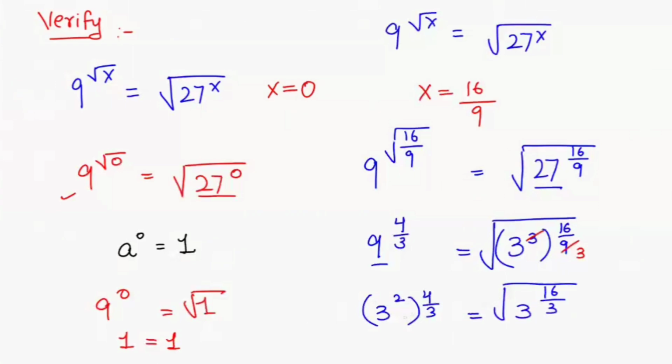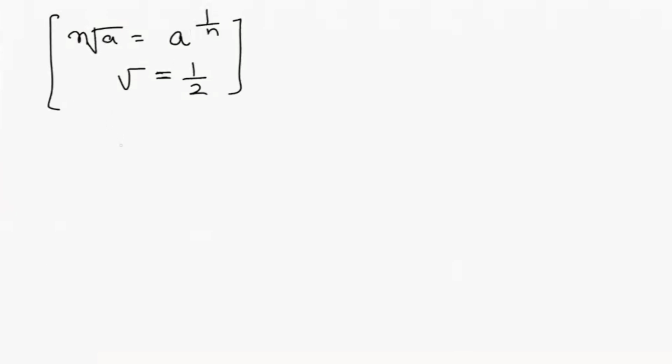The powers are going to be multiplied, and here I will apply the radical rule, that is, n root of a is equal to a to the power of 1 over n, and root is always equal to raised to the power of 1 over 2. So I will apply this, and that equation turns to 3 to the power of 8 over 3 is equal to 3 to the power of 16 over 3 and whole to the power of 1 over 2.